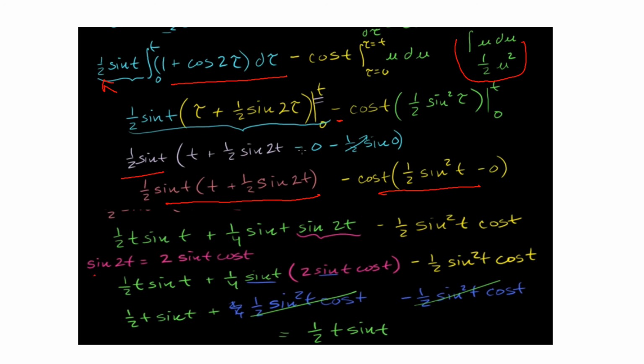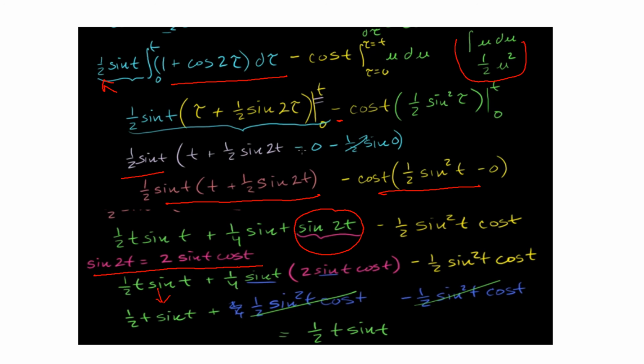Now using the identity sine 2t equals 2 sine t cos t, the sine 2t can be replaced by 2 sine t cos t. Expanding that, the first term as it is, and 1 by 4 sine t times sine 2t becomes 1 by 4 times 2 times sine square t cos t.